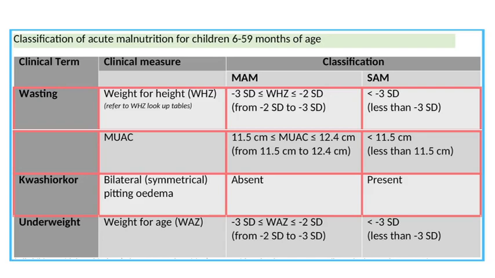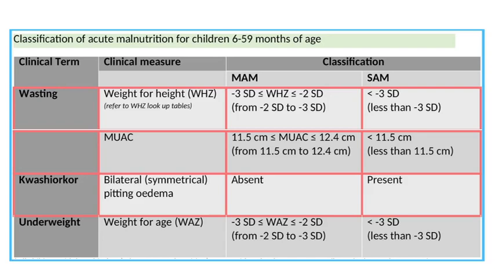For a child to be classified as having moderate acute malnutrition, their weight for height Z-score is greater than or equal to -3 standard deviation, written as SD, or less than or equal to -2 standard deviation. So we are generally saying it's from -2 SD to -3 SD.